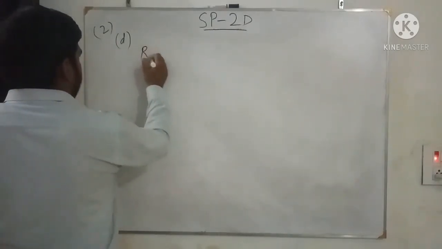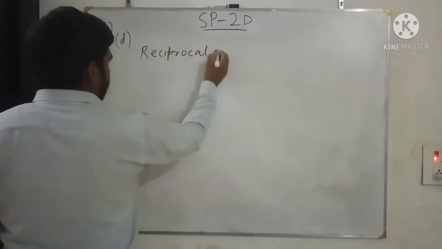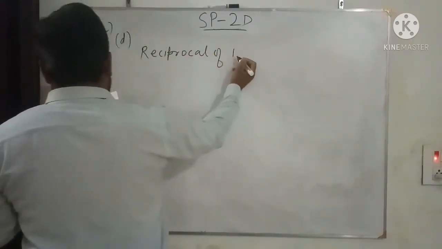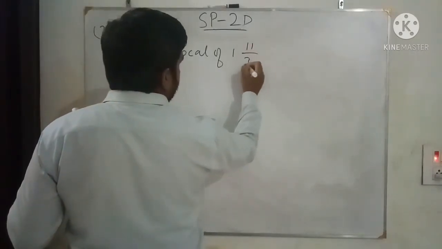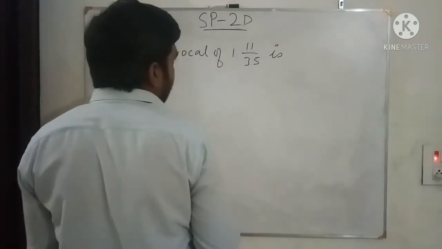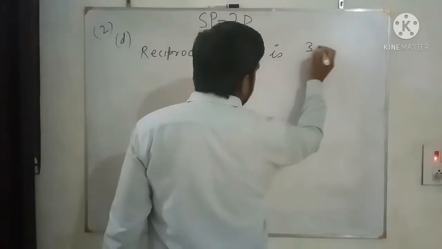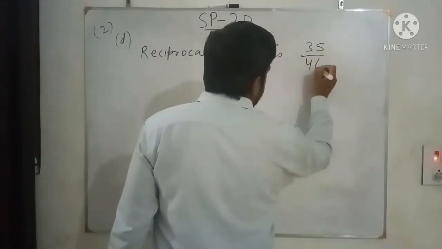The reciprocal of 1 11/35. 35 ones are 35 plus 11, 46 by 35. That is 35 by 46, its reciprocal.